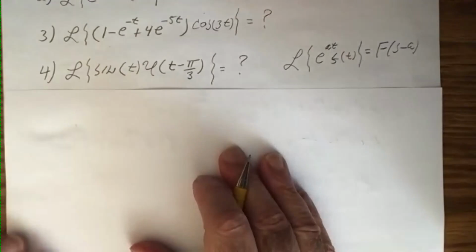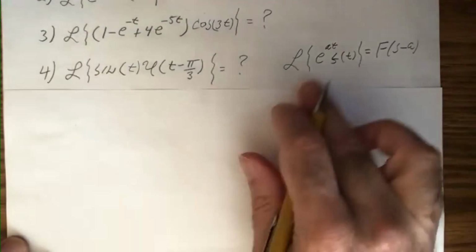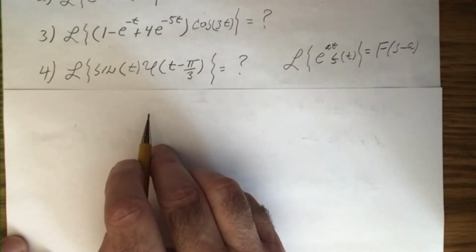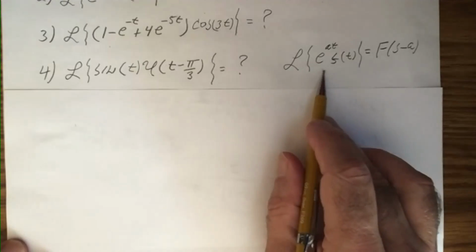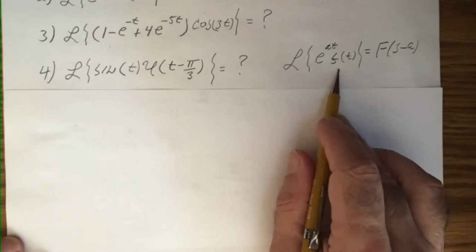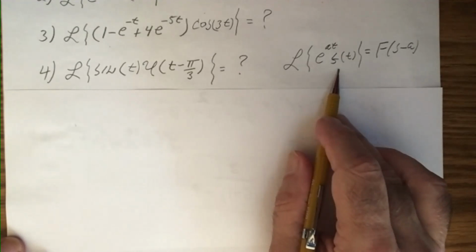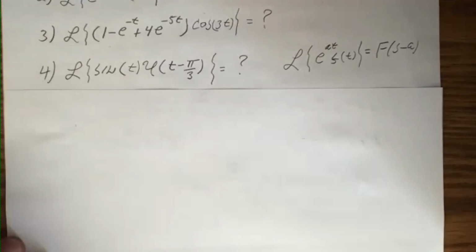So first of all, I want to take the Laplace transform of this. But this is not the, oh, this is the unit step function. That's not the right formula. Let me find the formula for the unit step function.